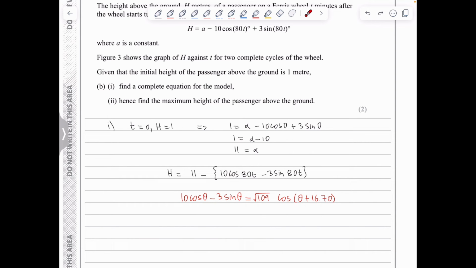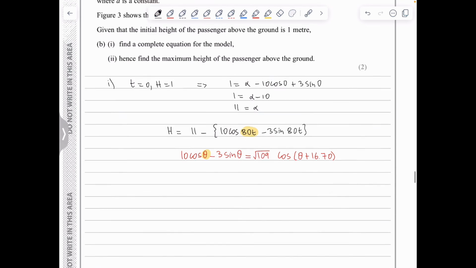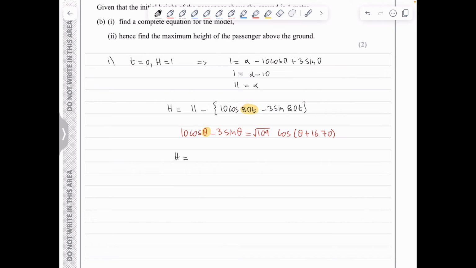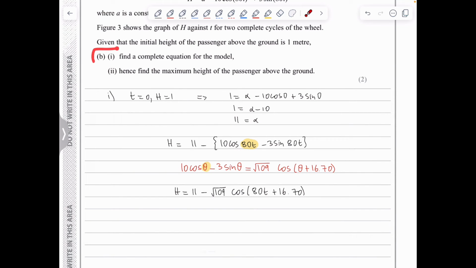The only difference here is that the theta became the 80t. So this means I could write capital H as 11 minus root of 109 cos(80t plus 16.70). Notice that for the first part of B, find the complete equation for the model, these will score full marks. There is no need for us to make the connection with part A.